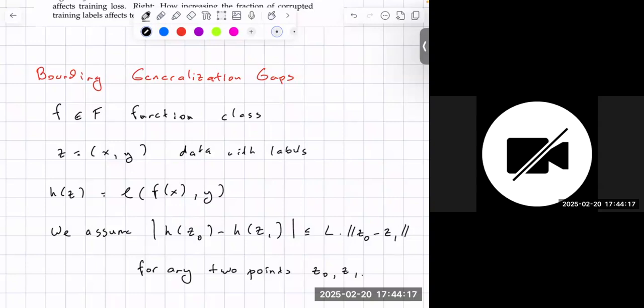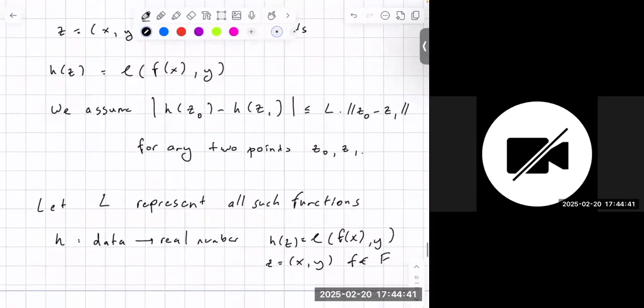So we need to assume, for what I'm going to show you, that if I gave two data points that were close, the output should be at most some big number times how different the data points were. So closeness of data points should relate to the output somehow. That's what I would like to assume from my prediction scheme, okay?